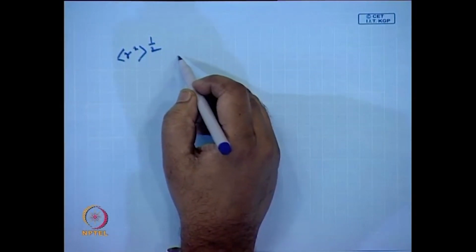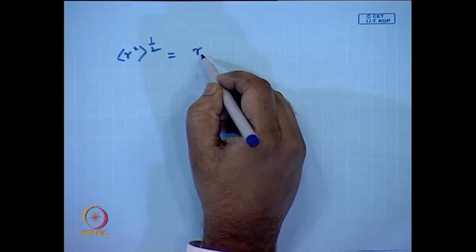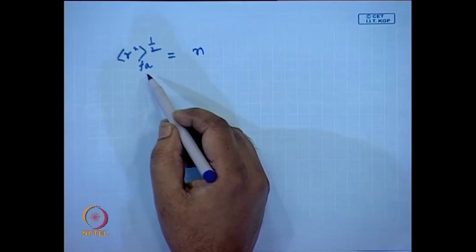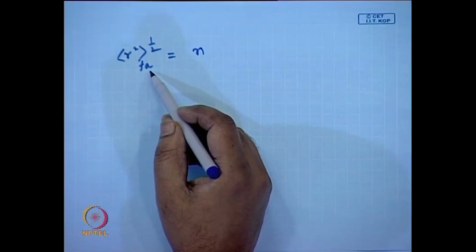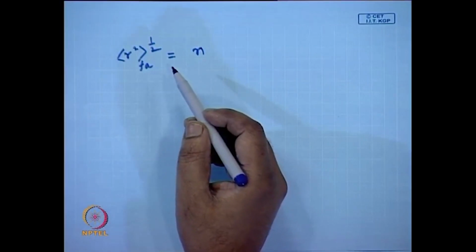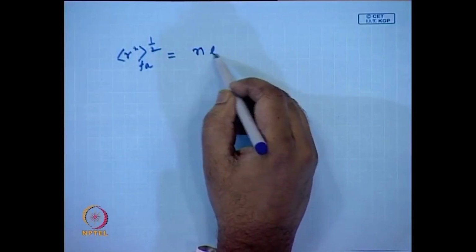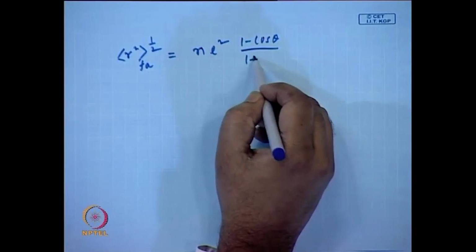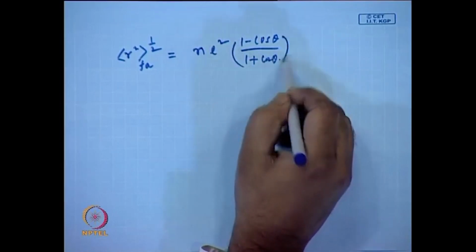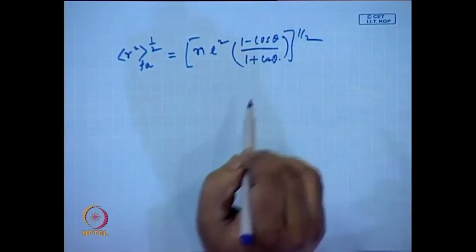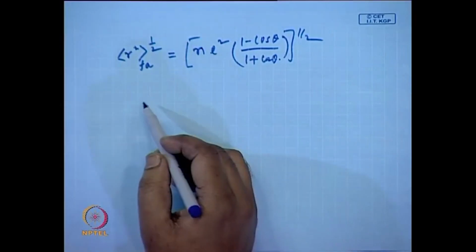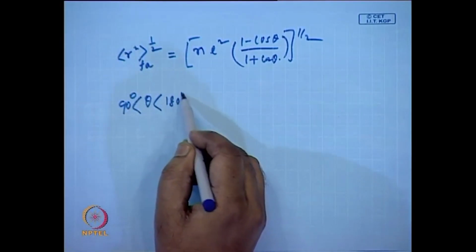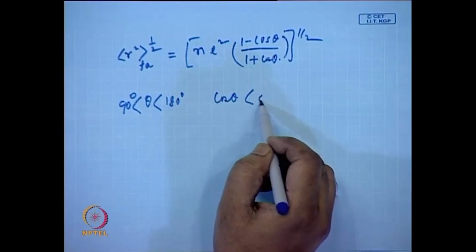Now, it can be clearly shown for this value, where we are writing FA, which is the angle restriction coming from the bond angle, it can be shown that it is 1 minus cos theta over 1 plus cos theta. As in most cases, carbon carbon bond or other bonds, theta is between 90 degree and 180 degree, so cos theta is less than 0.